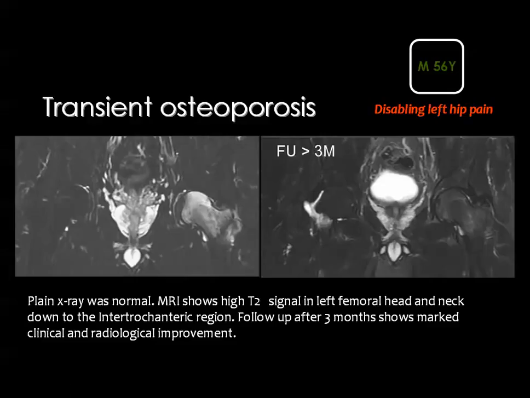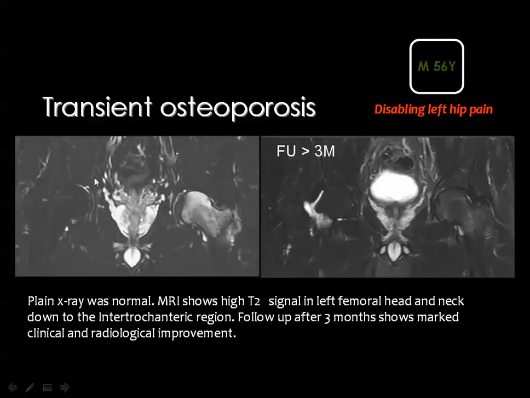And transient osteoporosis, STIR images with follow-up after 3 months, and you can see the changes in the left femoral head and neck, bright signal, and total resolution of the disease.